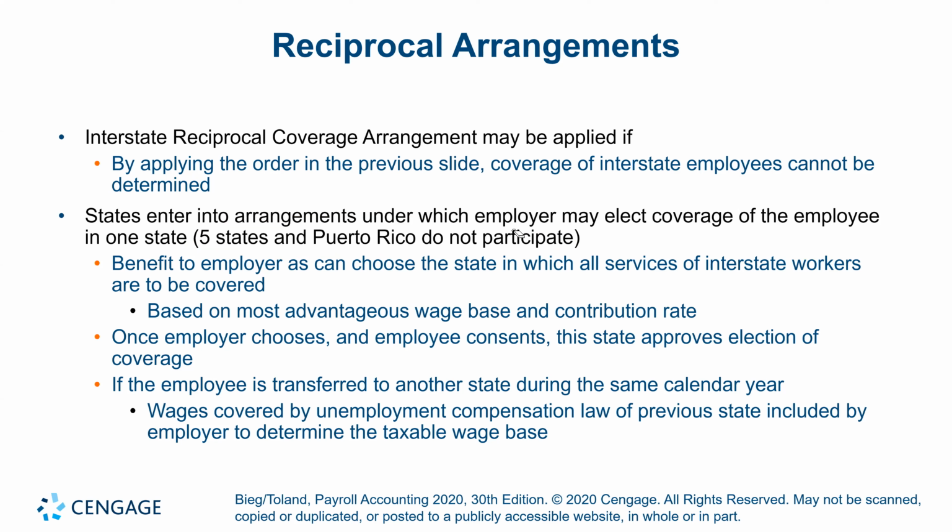And then they can base it on, just like it shows here, the most advantageous wage base and contribution rate. So, for example, looking in your book, on pages 13 and 14, Illinois's rate goes up to 6.875%, and that is on 12,960 of wages, right?